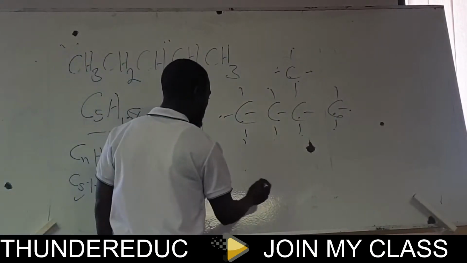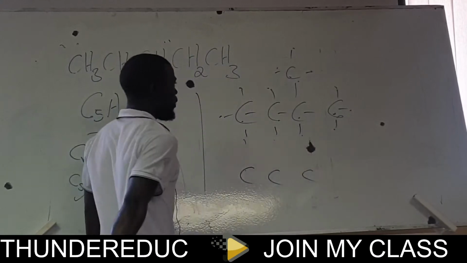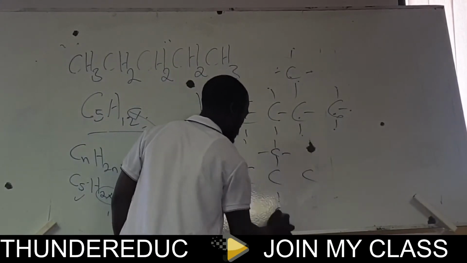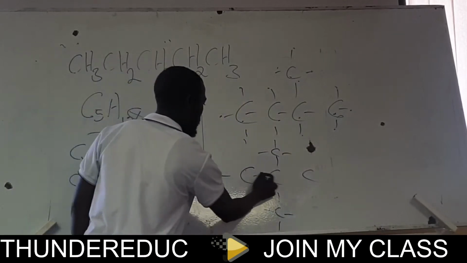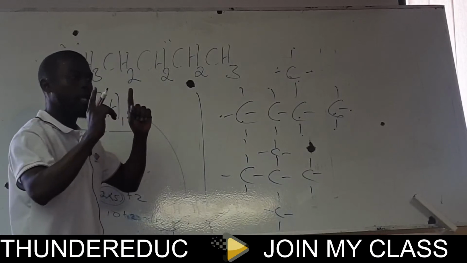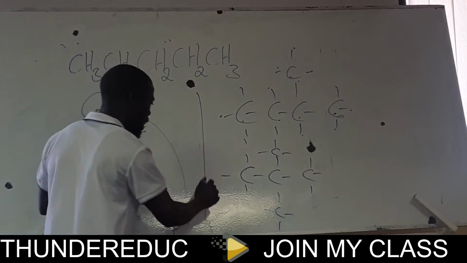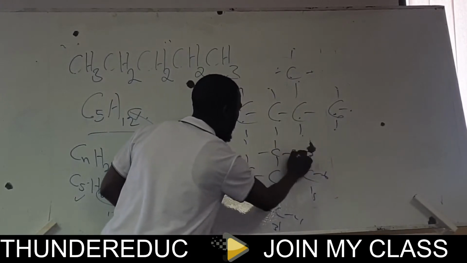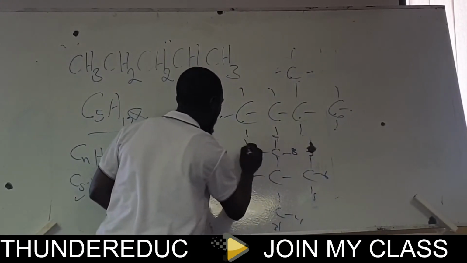What about if I put 1, 2, 3, 4, 5 like this. When you count them, we'll find out that it is 12 hydrogens. Let's count. 1, 2, 3, 4, 5, 6, 7, 8, 9, 10, 11.